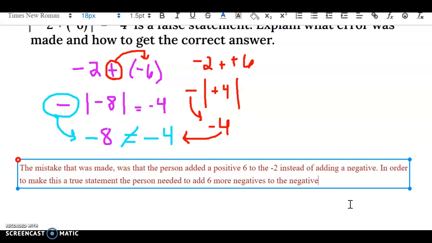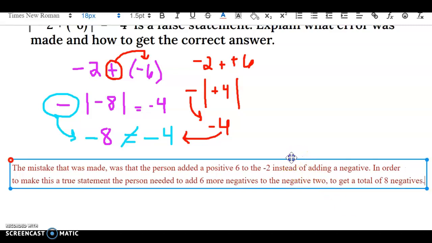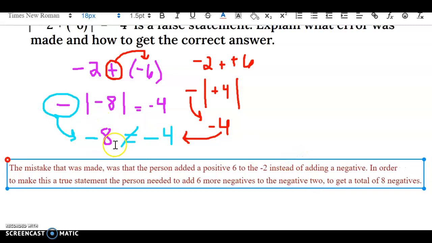Oh my word, I can't even spell. To get a total of 8 negatives. Because negative 2 plus a negative 6 is negative 8. And the absolute value of negative 8 is 8. Bring down that negative sign and it makes it a negative 8.